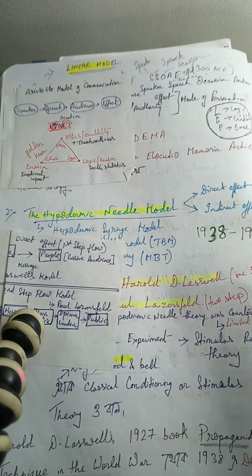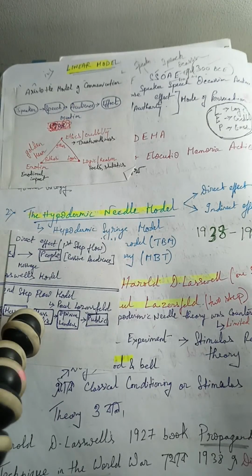The Google Maps we use to reach our destination are the result of research. Similarly, communication models are the result of different research made by propagandists, by Aristotle, by Harold Lasswell. Consider a model as a roadmap that helps us reach our destination. This model helps us understand how a message is sent, received, and interpreted.